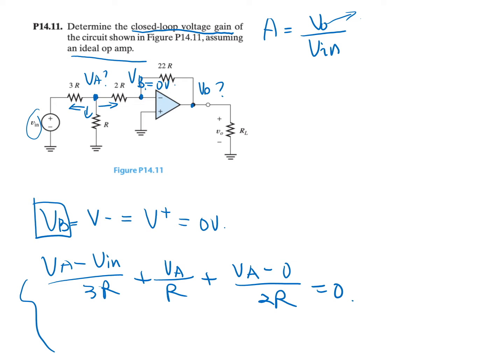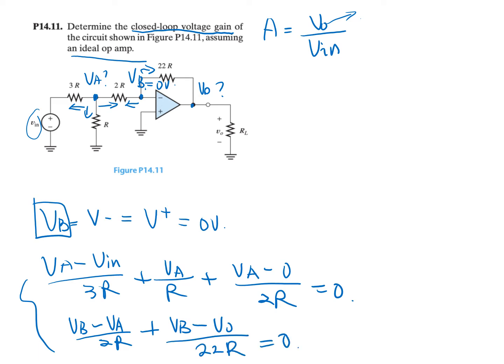Another equation we can find is by performing node analysis at node B. Again, assume all the currents flow away. That's (VB minus VA) divided by 2R plus (VB minus Vout) divided by 2R is equal to 0. Here we can directly write VB as 0 volt.